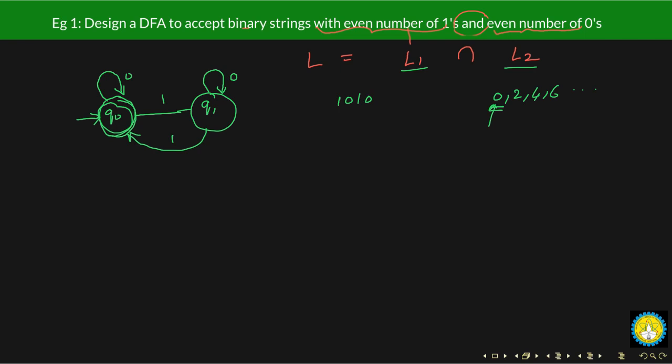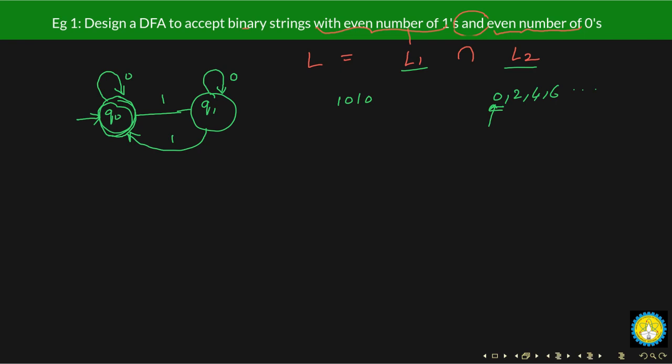Upon getting the first one, you'll be shifting from Q0 to Q1, and then you have a 0, so you'll be at Q1 itself. Upon getting the next one, you'll be at the final state, and from there you're having one more 0, so you'll be in Q0 itself. So this is the DFA to accept binary strings with even number of ones.